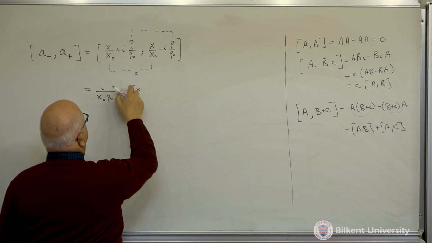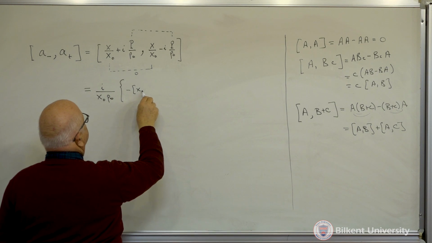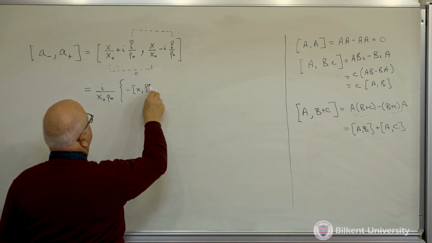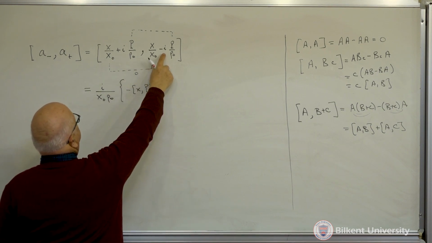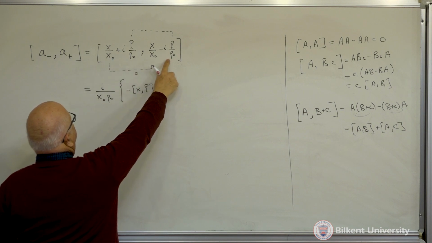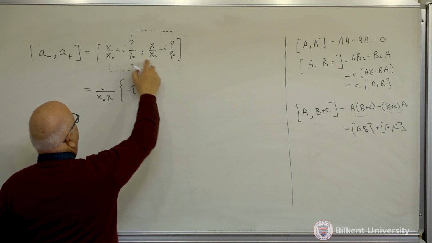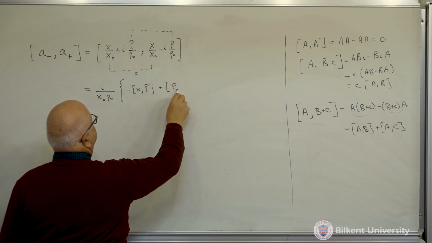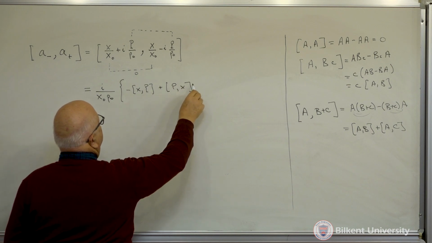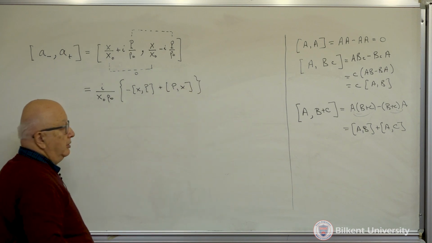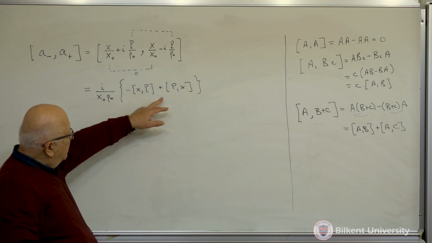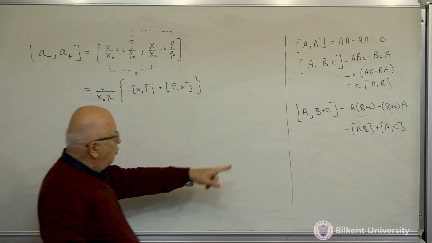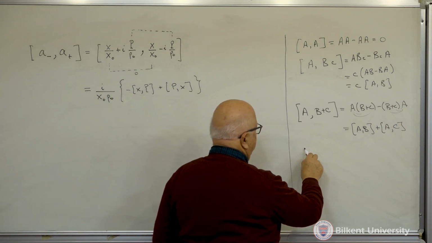Let me use a different type of bracket here. x commutator with p. Okay, it's this one. And then I have plus i p commutator with x. So these things come with opposite signs, but we should really put one more expression on this table here.